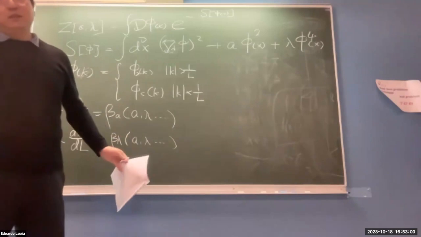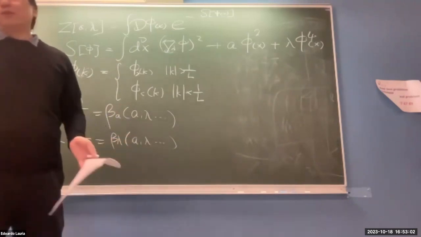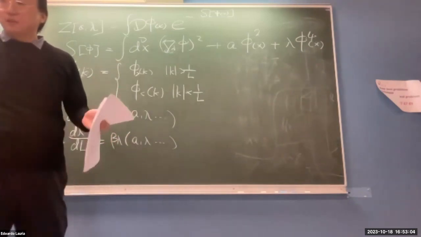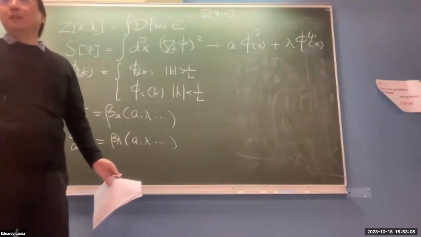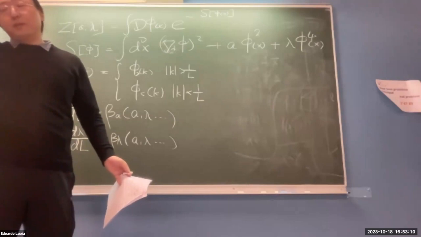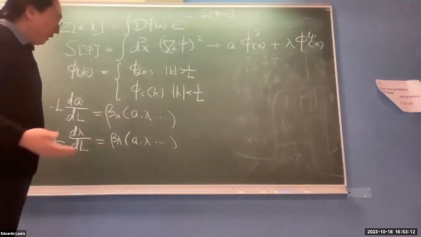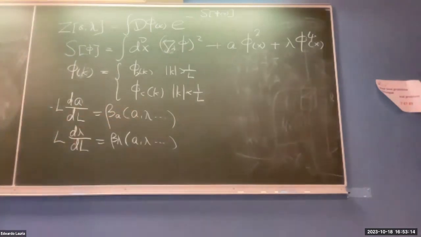These are not possible to perform in the general case, but it's possible when you are close to 4 dimensions. So we work in 4 minus epsilon dimensions, and we try to derive these RG flow equations in 4 minus epsilon.